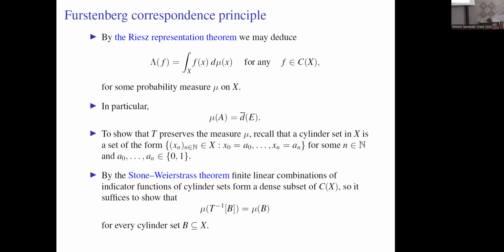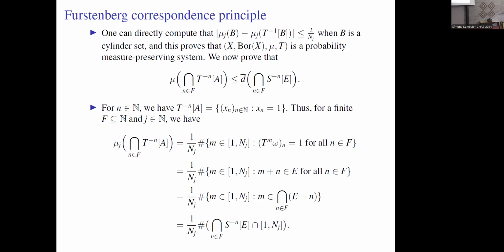In this setting, the Riesz representation theorem is very simple. I mean, Riesz representation says that every linear functional can be represented as an integral corresponding to a certain measure. On the Cantor set, it's very simple. So in fact, what we are discussing here is the proof plus the Stone-Weierstrass theorem.